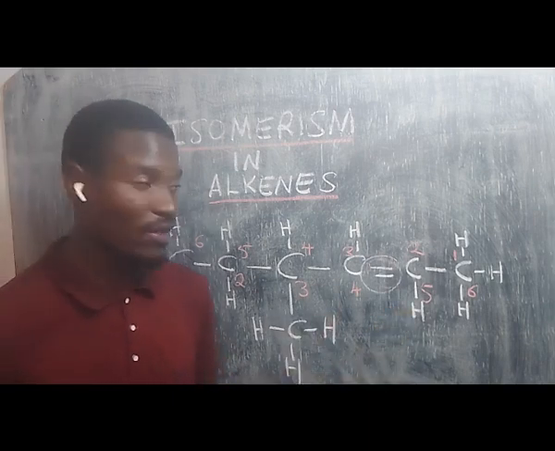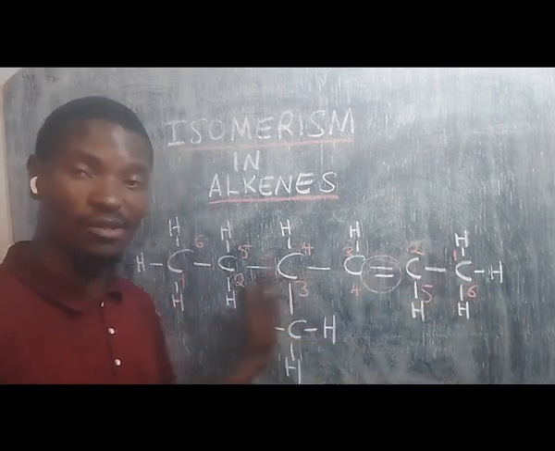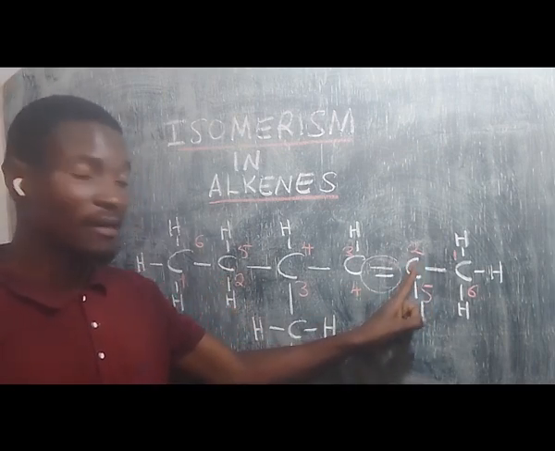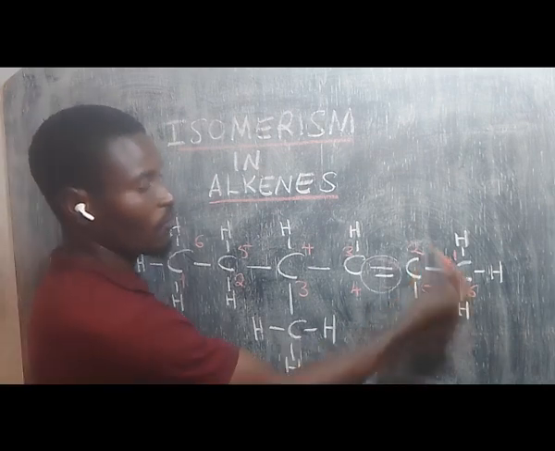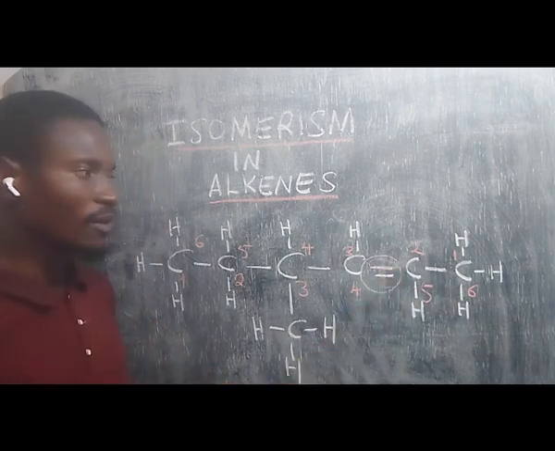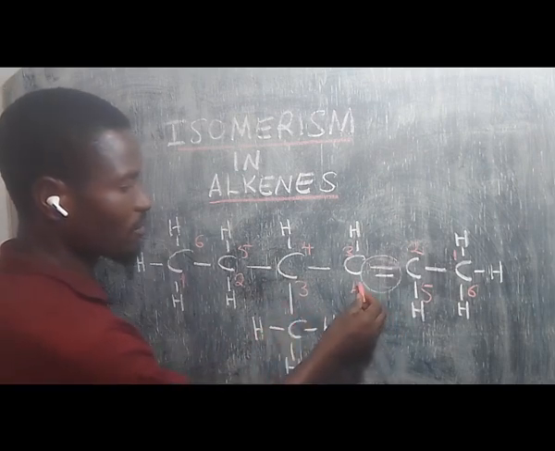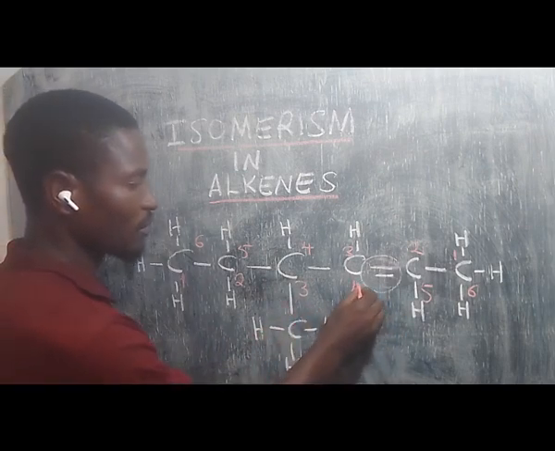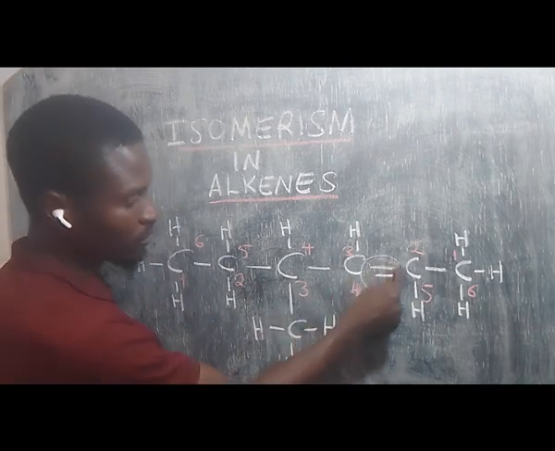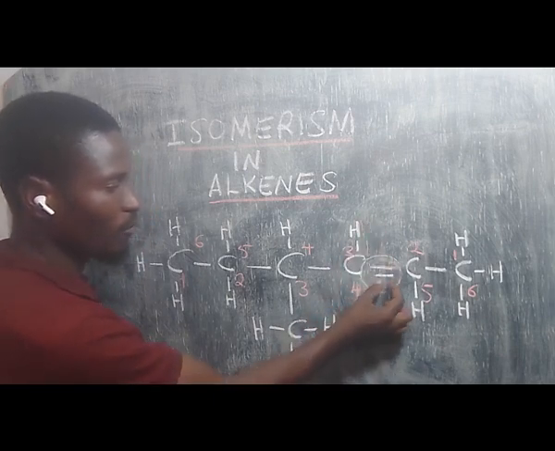So this now tells you, if I start from left going to the right, or start from right going to the left, then the double bond is occurring on carbon number 2. So when I'm going this side, it is this one. But when I start from left going to the right, the double bond is occurring at carbon number 4, because I'm moving in this direction. So after this carbon, there's a double bond. So it's carbon number 4 at which the double bond is occurring.